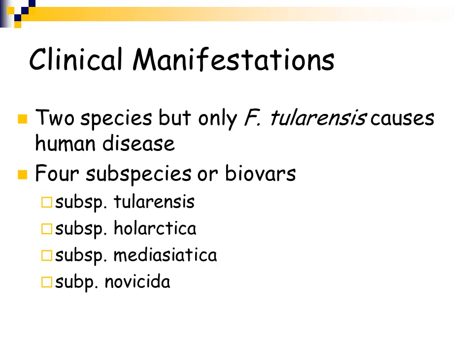So there are 2 species of Francisella, but only the species tularensis causes human disease. And there are 4 subspecies or biovars. So there's Francisella tularensis, subspecies tularensis. Francisella tularensis, subspecies holarctica.